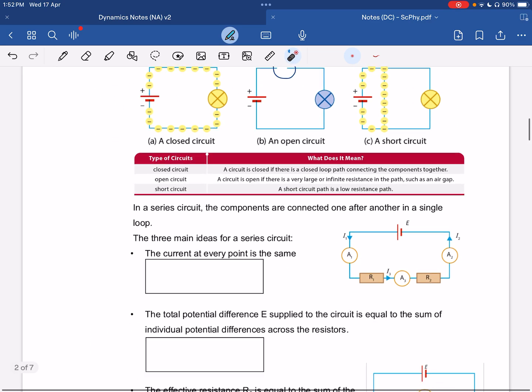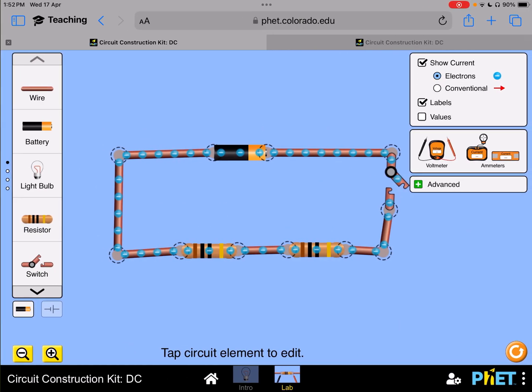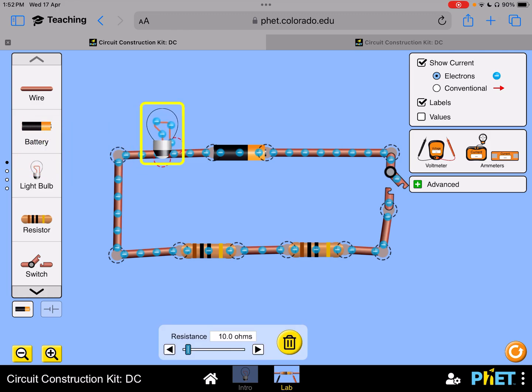Now, let's take a look at a series circuit. Let's use the PHET. Over here, this is an example of a series circuit. I'll just use this light bulb as a pointer. This is a cell, connected through the various wire.